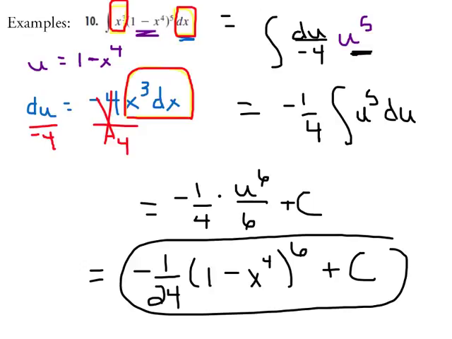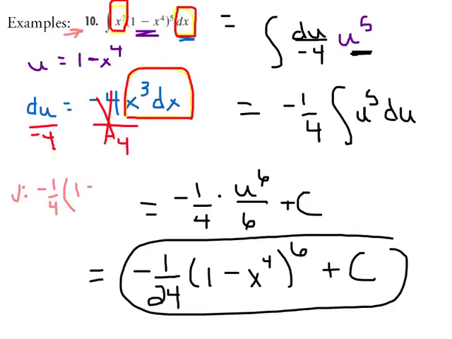But you might want to check it, right? Because if this is my function, then if I differentiate my function, I should get what I started out with in the integral. So remember that to differentiate this function, you would need the chain rule, or the general power rule. So we would bring the 6 down, and 6 times negative 1/24 is negative 6/24, or negative 1/4.